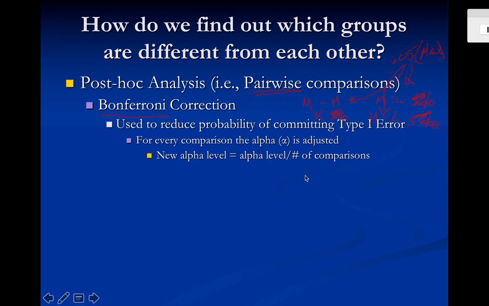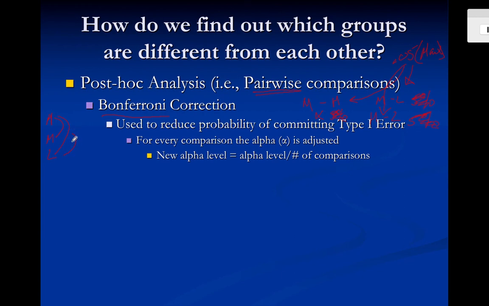So I'm going to take my alpha level of 0.05 and divide it by the total number of possible comparisons that I'm going to be making. In my particular case, I had an independent variable that has three groups: the high, the moderate, and the low. So when we look at all possible combinations or comparisons, we have high versus moderate, high versus low, and moderate versus low.